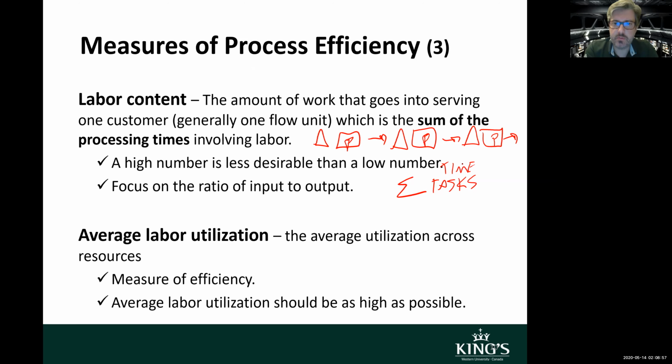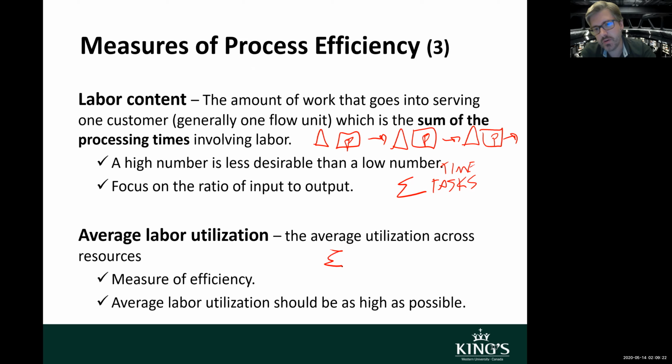So this is a ratio of input to output, okay? So labor content: sum up all the tasks required to produce a certain good or provide a certain service. And the average labor utilization will be necessarily linked to your labor content.